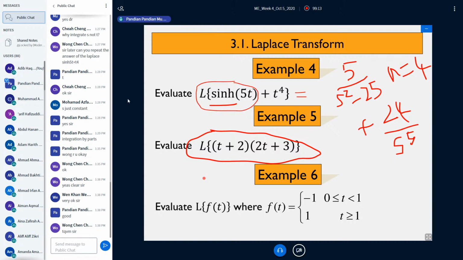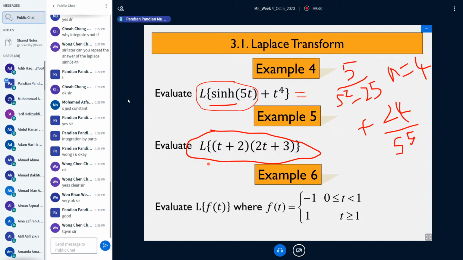So the Laplace of 2t squared is 4 over s cubed. And Laplace of 7t, 7 Laplace of t, 1 factorial divided by s squared. So 1 over s squared multiplied by 7, 7 over s squared.